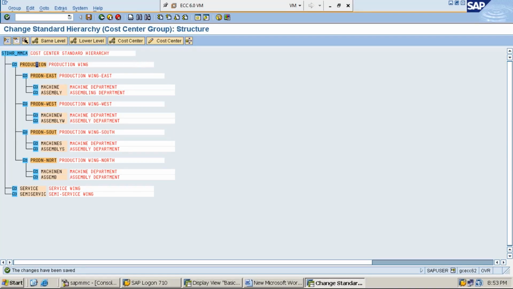Does it depend on the reporting requirement by the management? Yes, it should. So how we want to extract the reports, at what level we want to extract the reports, and what that extracted report should speak about, that will be the requirement, and basing on that, we have to define the standard hierarchy. Point is clear?